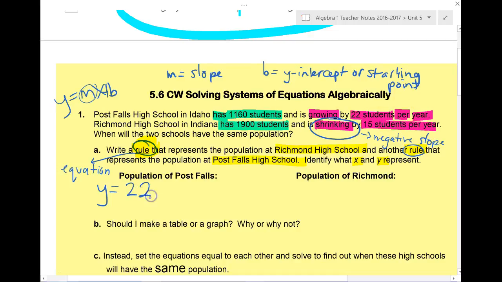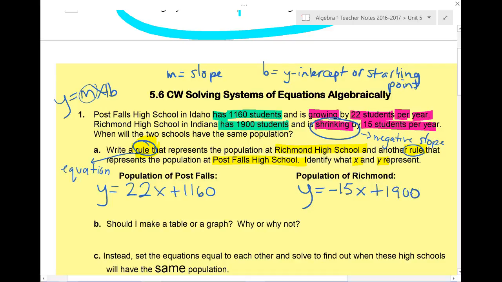It says growing, so we know it's positive: 22x plus the starting point, which is 1,160. Then for the population of Richmond, it says shrinking 15 students per year. That's going to be a negative slope because we're shrinking, so negative 15x plus our starting point, 1,900.